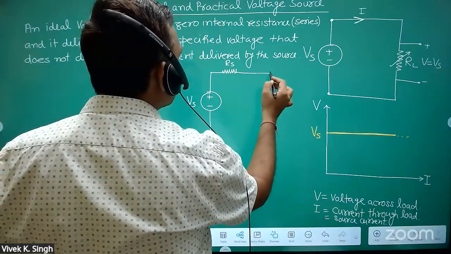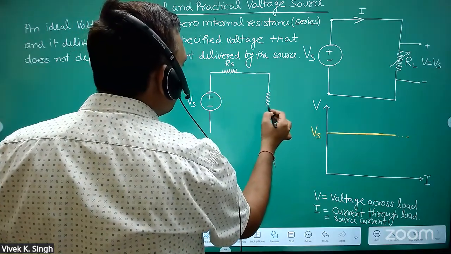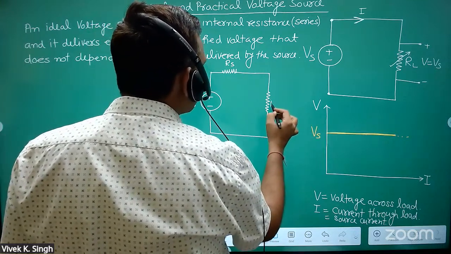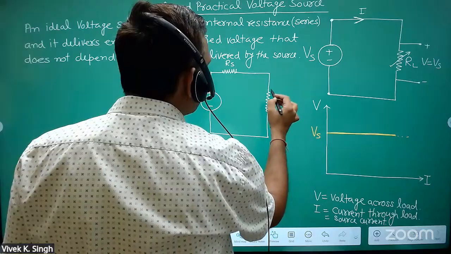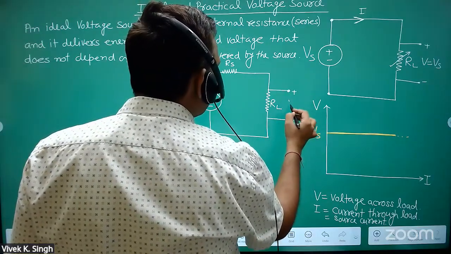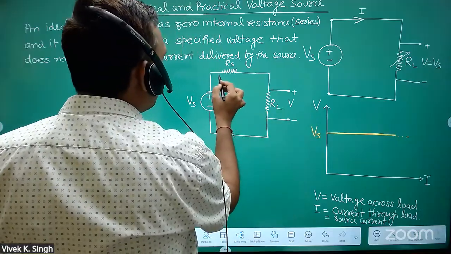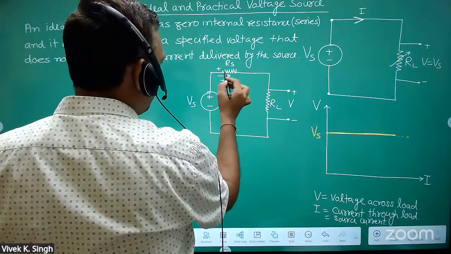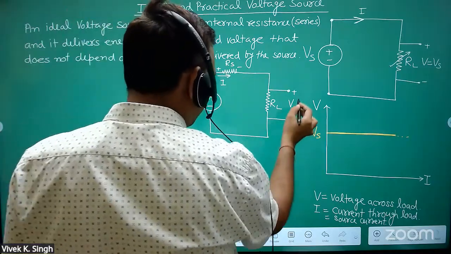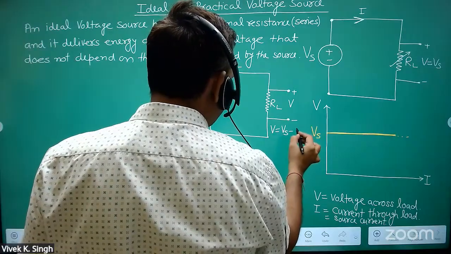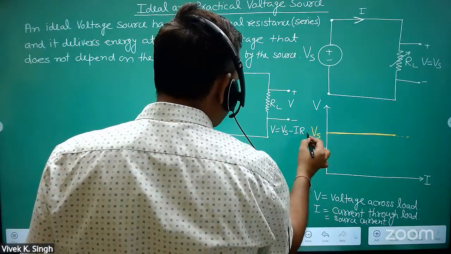Rs is the series resistance. And this is the load, load resistance RL. This is V. So what will be this current? Current is I. So there will be voltage drop across this, I into Rs. So voltage V is given by what? Vs minus I into Rs. Yes or no?